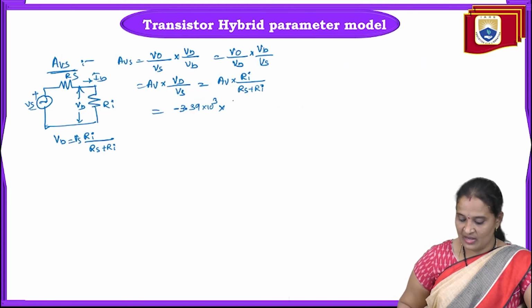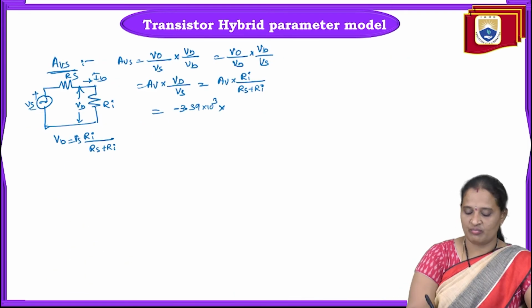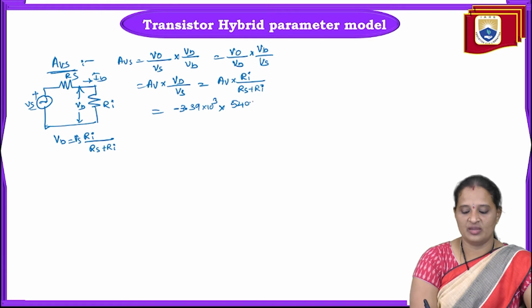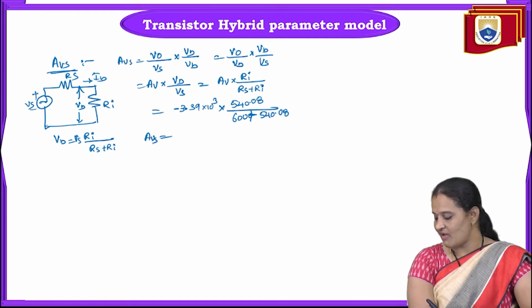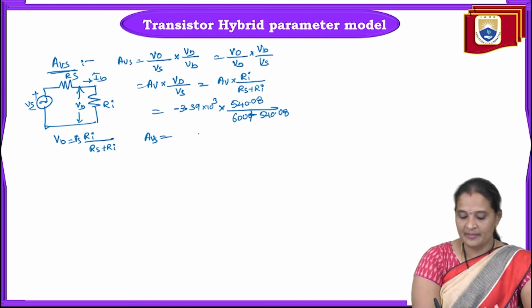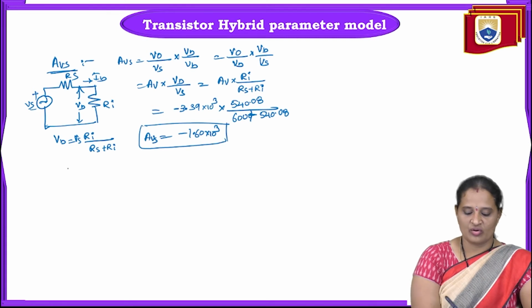What is the Ri value we have got? Ri value we have obtained as 540.08, divided by, Rs value is 600, plus 540.08. If I calculate this one, I'll get AVS value, that is the overall voltage gain value, as minus 1.60 into 10 to the power of 3. So this is the value of overall voltage gain.